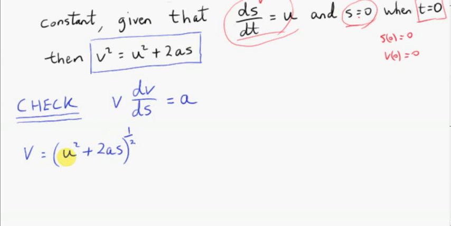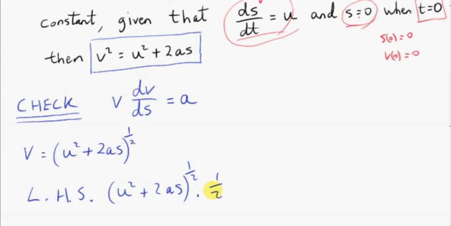Alright, so let's look at the left hand side of the differential equation. So the left hand side is v, which is this thing here. I could write it out, I suppose. I could actually just write v and see it more generally, but it doesn't matter. Here's v, and we must multiply by dv/ds, so we have to differentiate this thing with respect to s.